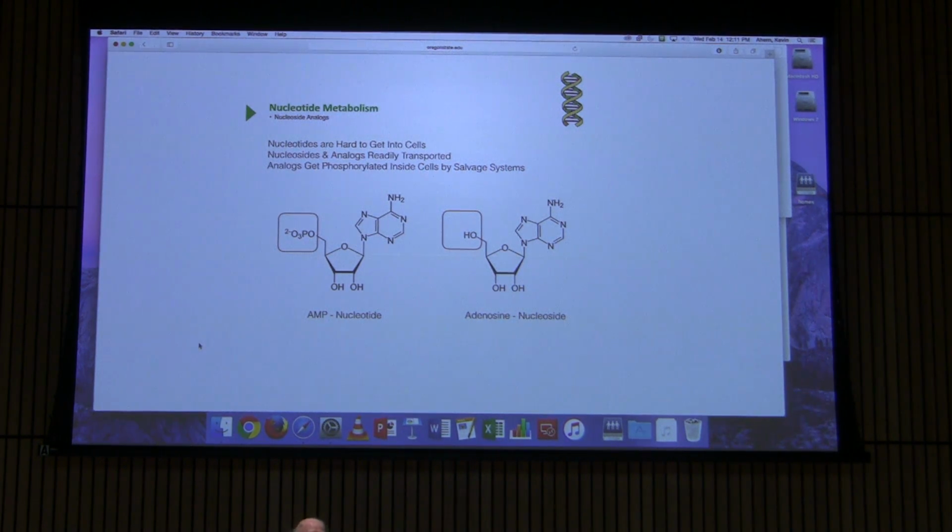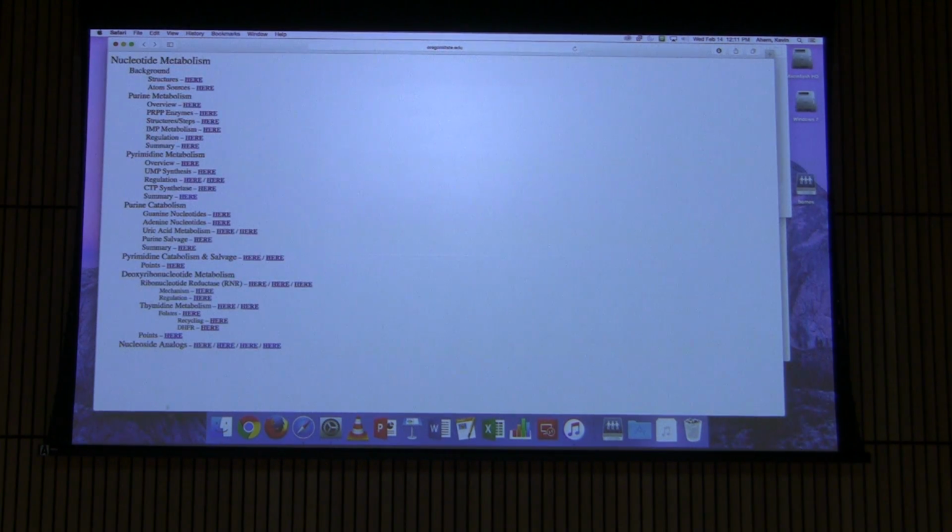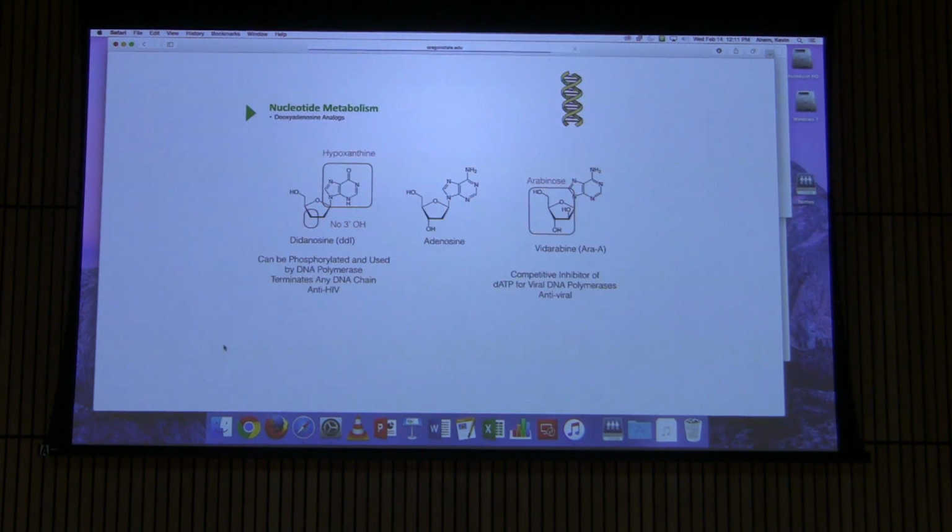That's the normal substrate for RNA polymerase to make RNA, right? However, as I said, there are two approaches to the design of these drugs that allow physicians treating patients to stop either replication of DNA or the synthesis of RNA.